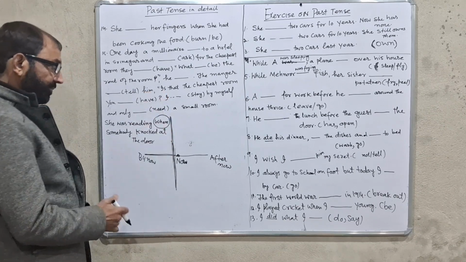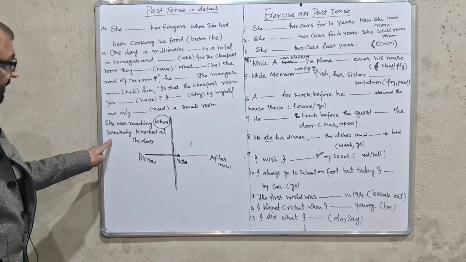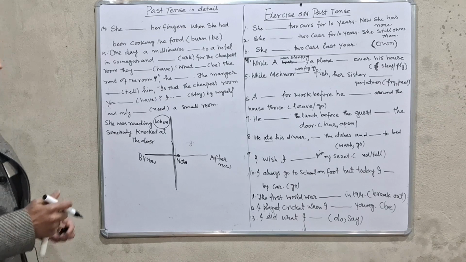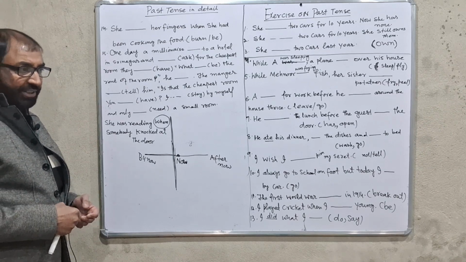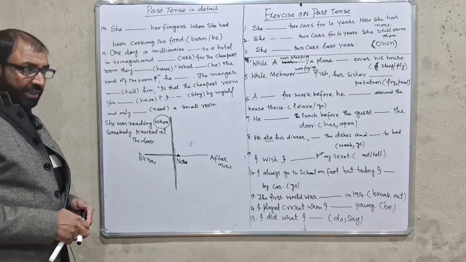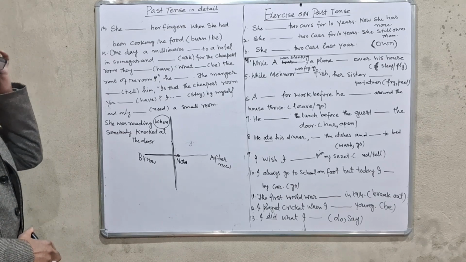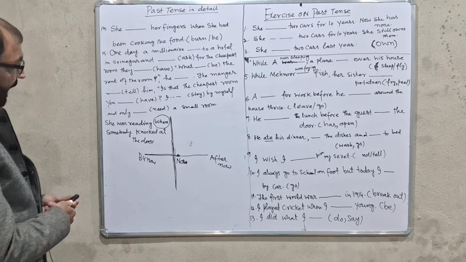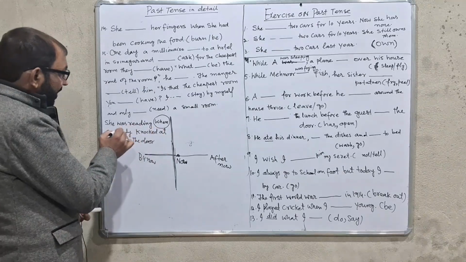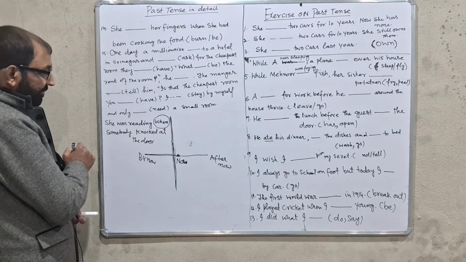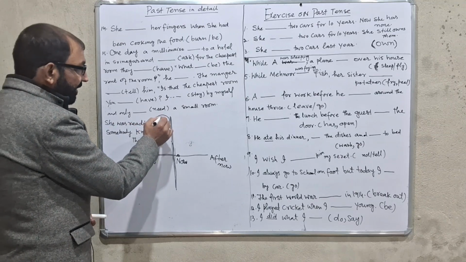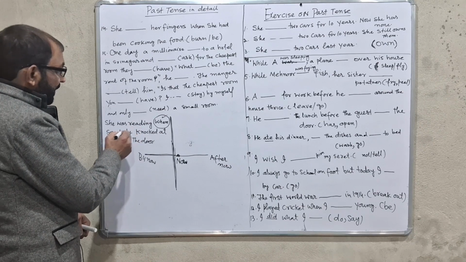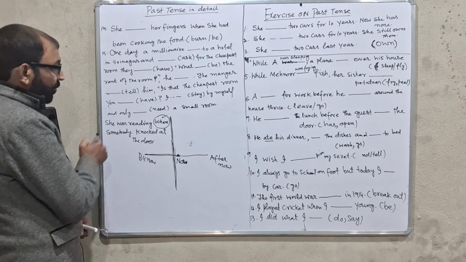When? Here the next clause as tense indicator will give you the answer. Sometimes it can be a time adverbial like yesterday, some minutes ago, a day ago, some days back, and sometimes it can be another clause that will answer your question when. She was reading when somebody knocked at the door.